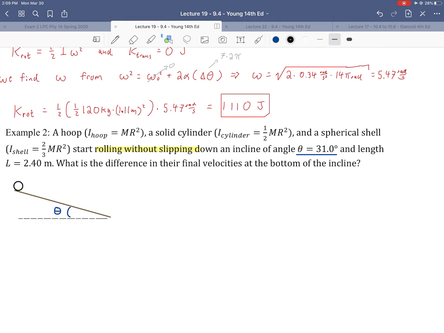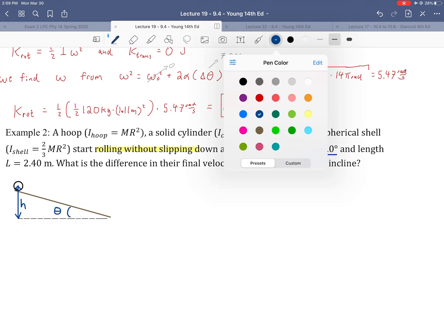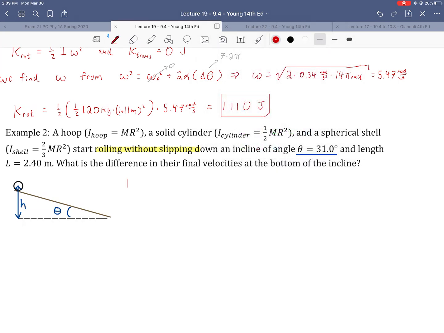And it's going to be at the top. We're told that it's going to be released and roll down the whole thing, so we need to know that release height. This is basically the release height we're interested in once it gets to the bottom. I'm going to call that H. We can do a quick calculation and find that H is just equal to L times sine theta. So H equals L times sine theta.